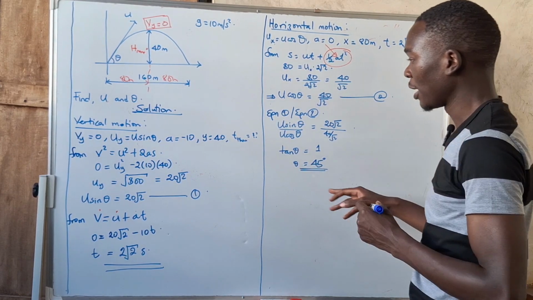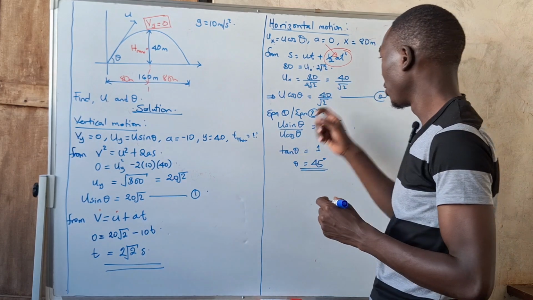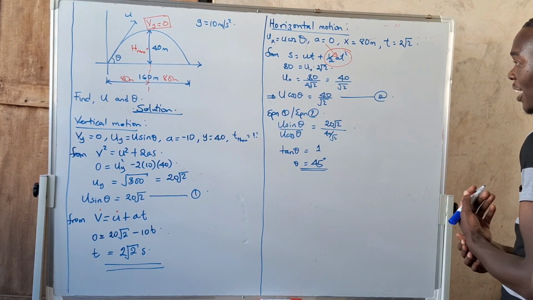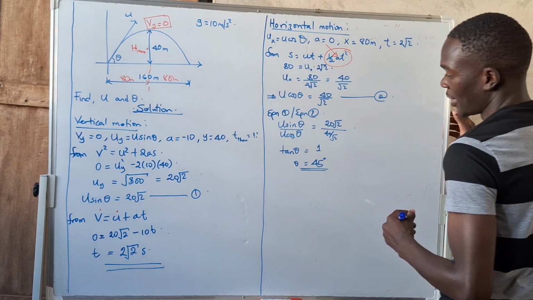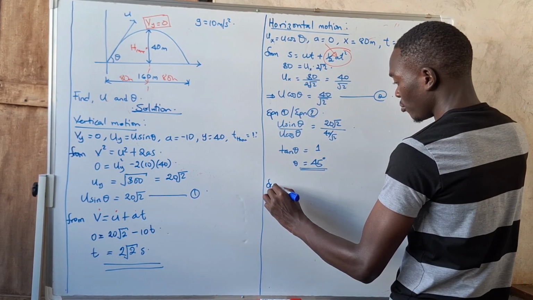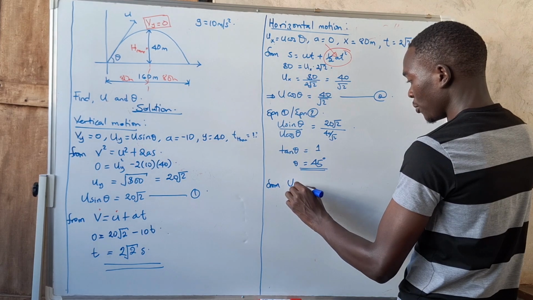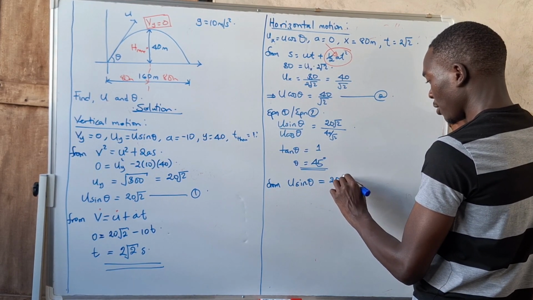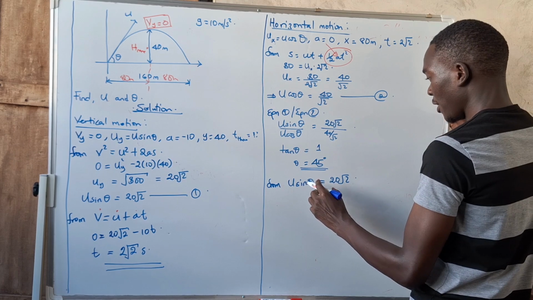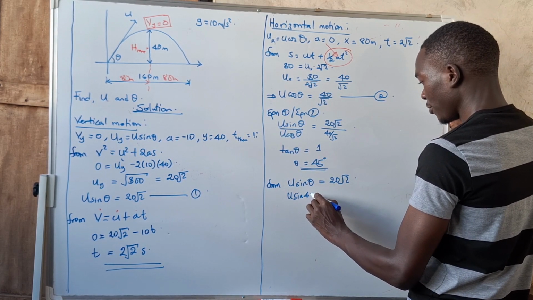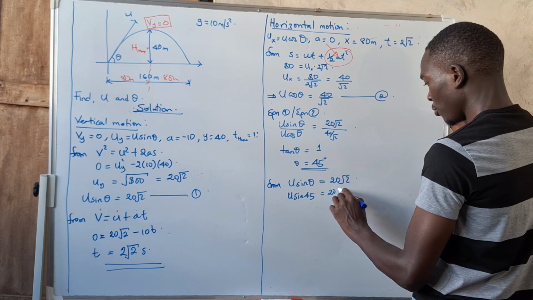Now having theta, we can use either this equation or this one to obtain u. You can choose any, but I'll choose the first equation. So from u sine theta is equal to 20 root 2, this will be u sine 45 is equal to 20 root 2.